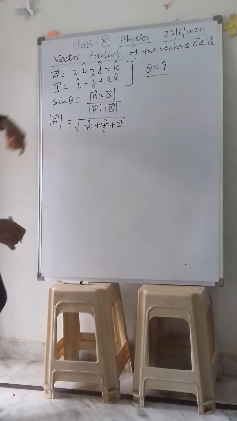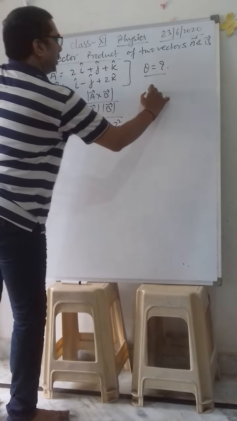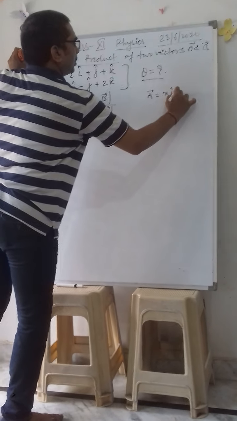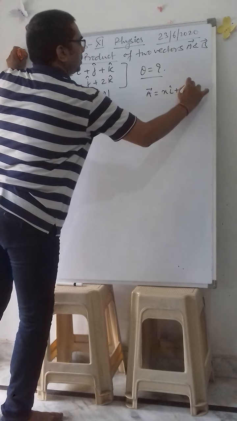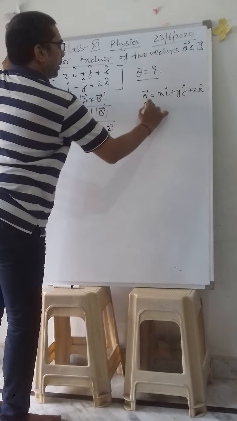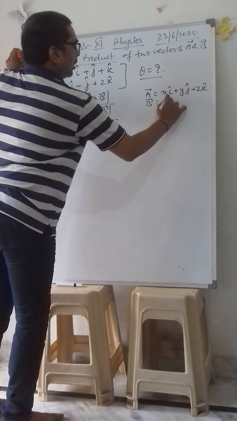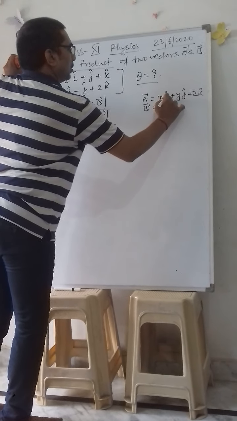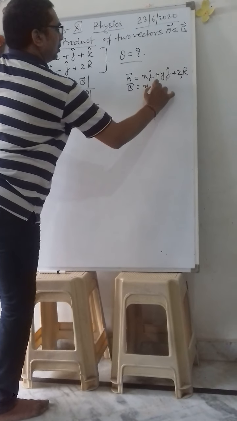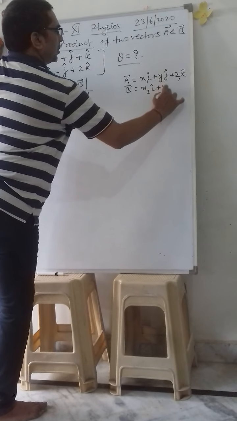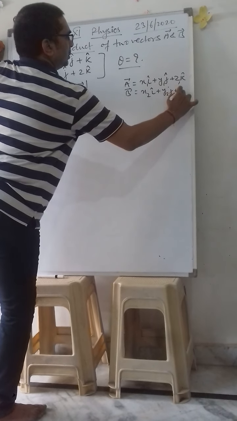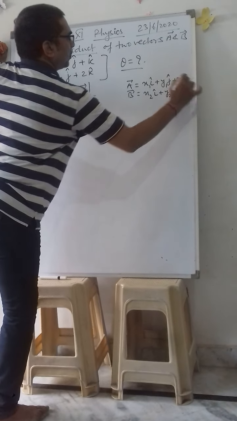Actually we can write the vector A equal to xi plus yj plus zk and vector B equal to x2i plus y2j plus z2k.